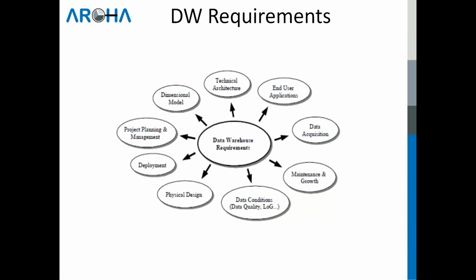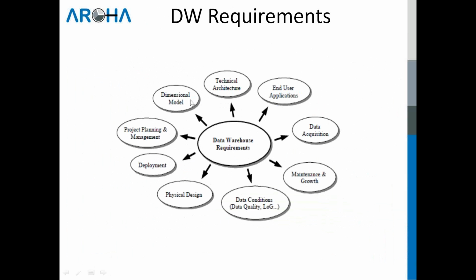You have the data acquisition layer. Where I start is the end user application, what you are looking for, which is given by your software requirement specification. Then you have the technical architecture, which talks about what tools and technologies you are going to use.